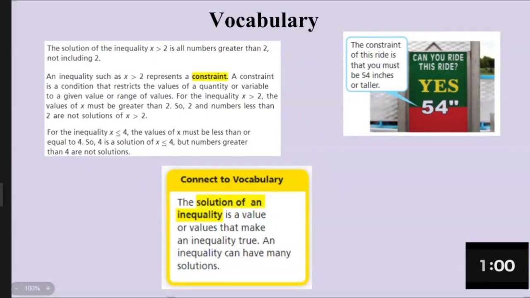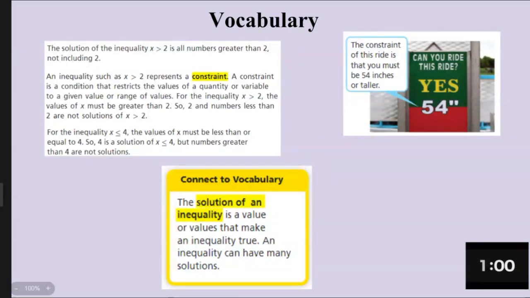A constraint is a condition that restricts the value of a quantity or variable to a given value or range of values. In this case, for the inequality x is greater than 2, all of the values of x must be greater than 2. So 2 and the numbers less than 2 are not solutions of x is greater than 2.